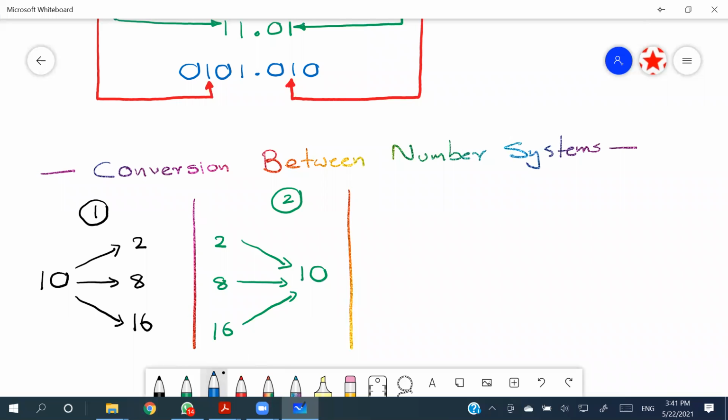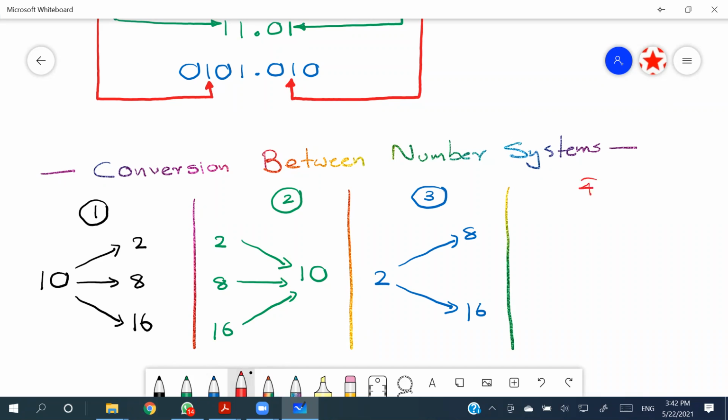And as the third conversion, we are going to convert binary numbers into octal and into hexadecimal. Again, one particular technique is there. And the fourth one is the reverse of the third.